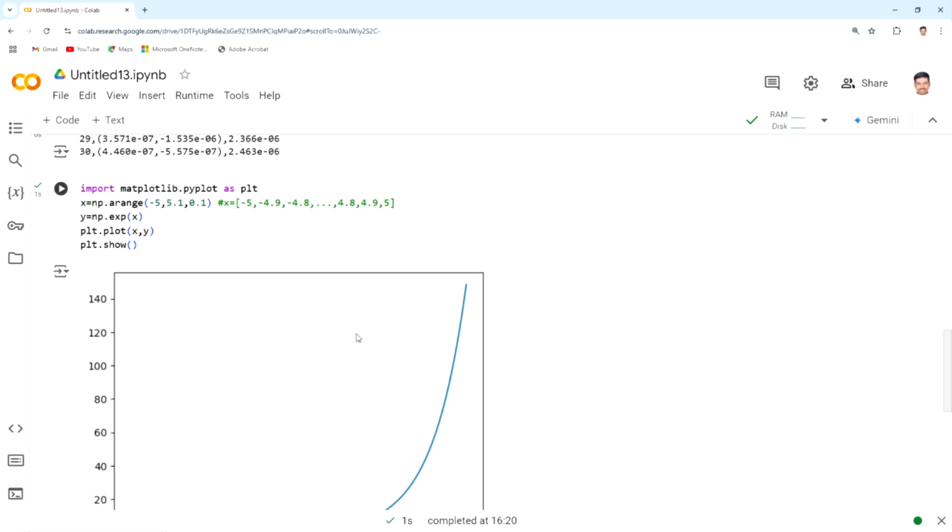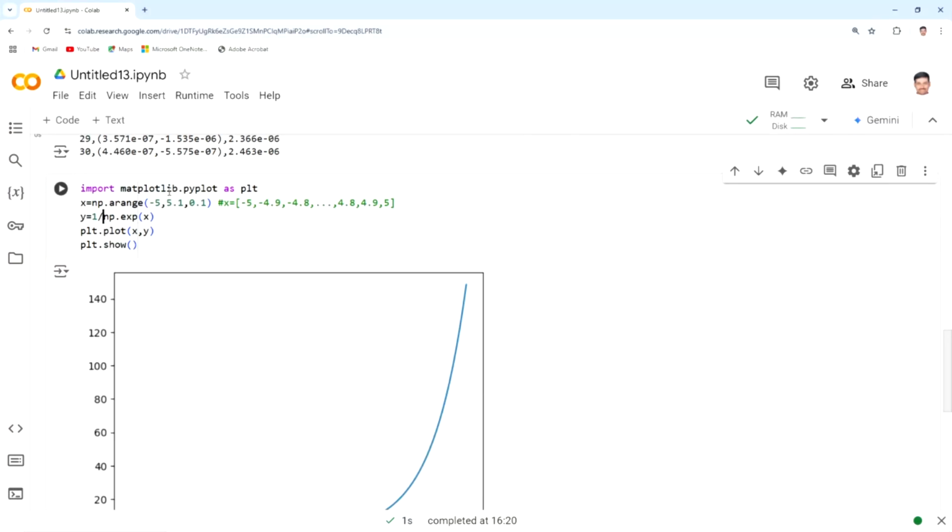So, for example, those who have some knowledge of machine learning would be aware of the sigmoid function, right. Sigmoid function is 1 by 1 plus e power minus x, right. So, let us plot that for values from minus 5 to 5. Okay. So, that is very simple, you just write 1 by 1 plus e power minus x.